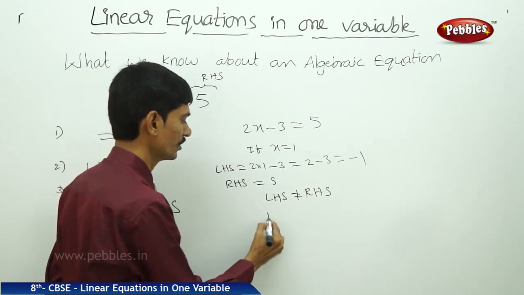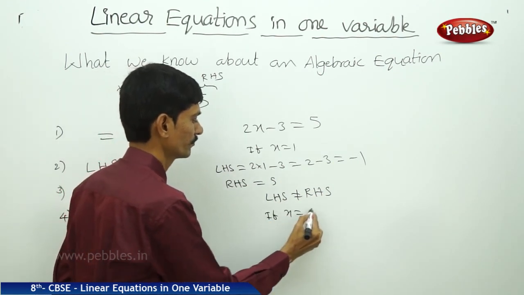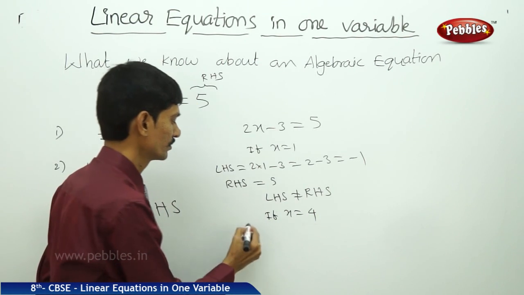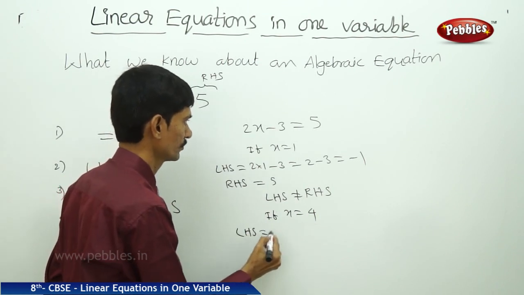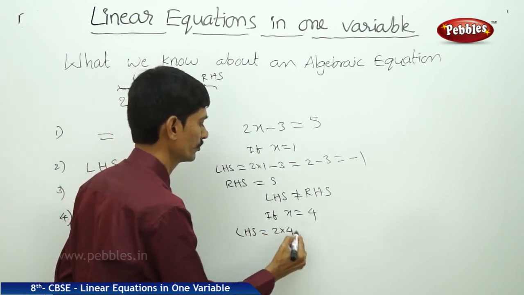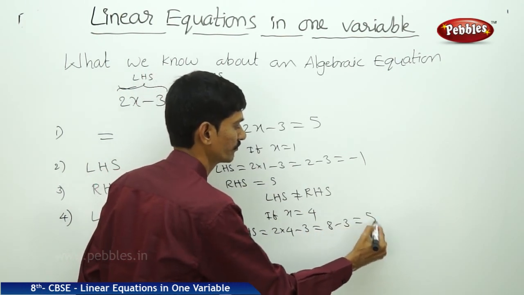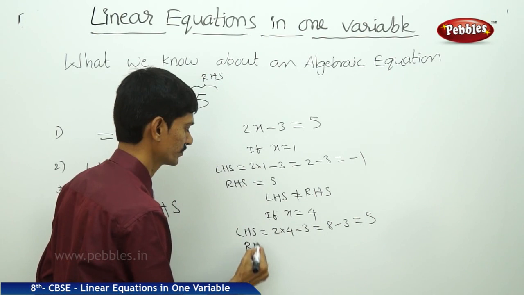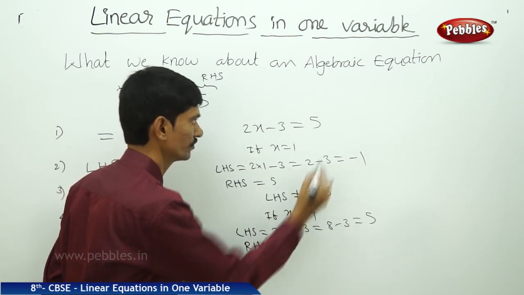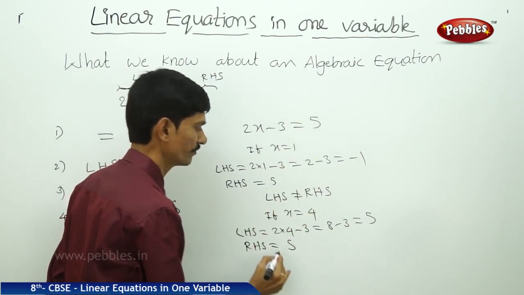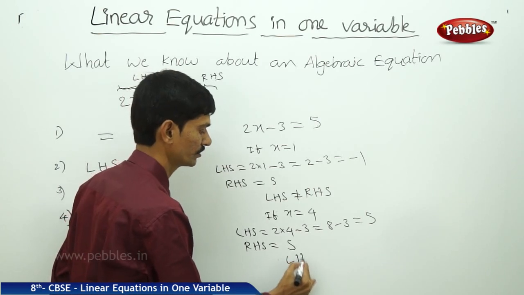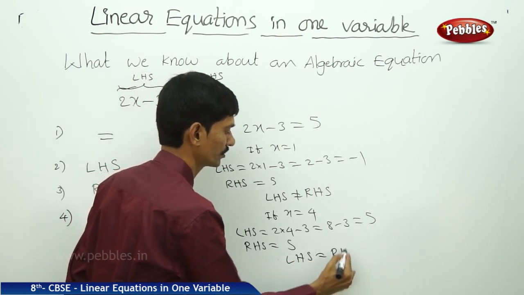If you substitute x value 4, then LHS 2 into 4 minus 3 equals 8 minus 3, this equals 5. Whereas RHS is also 5. So in this case, if x equals 4, LHS equals RHS.